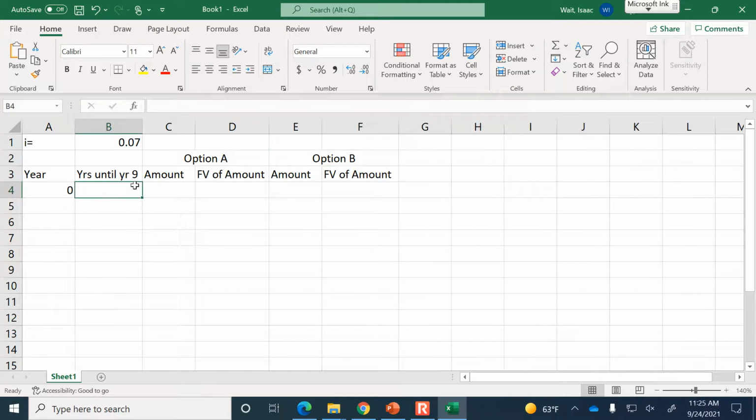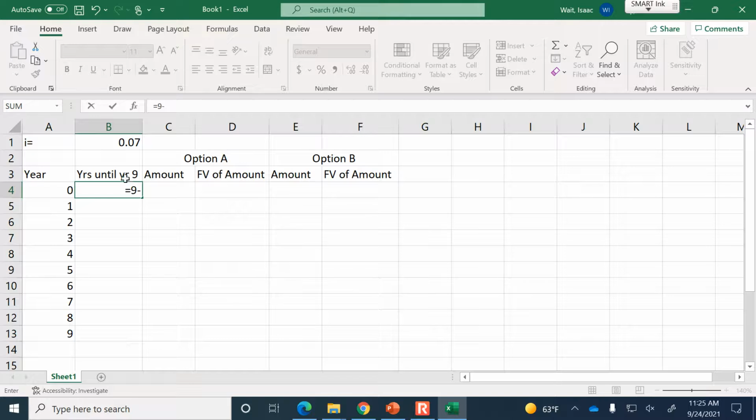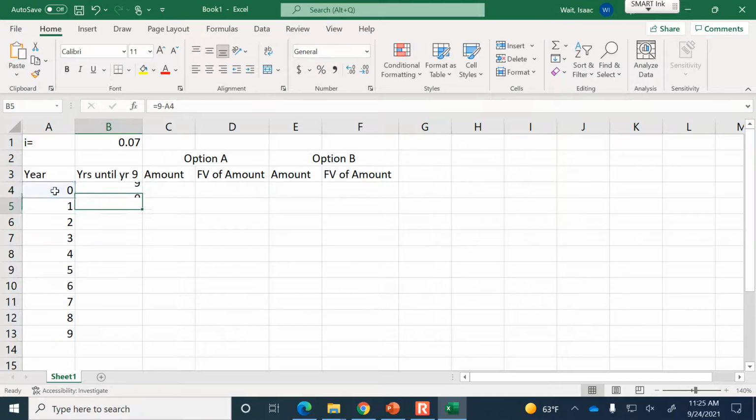All right, so years until year 9 starts at 9. And so this is a 9-year time frame. We want it to count all the way 0 through 9 on this column, and then equals 9 minus the year for the reverse time column.